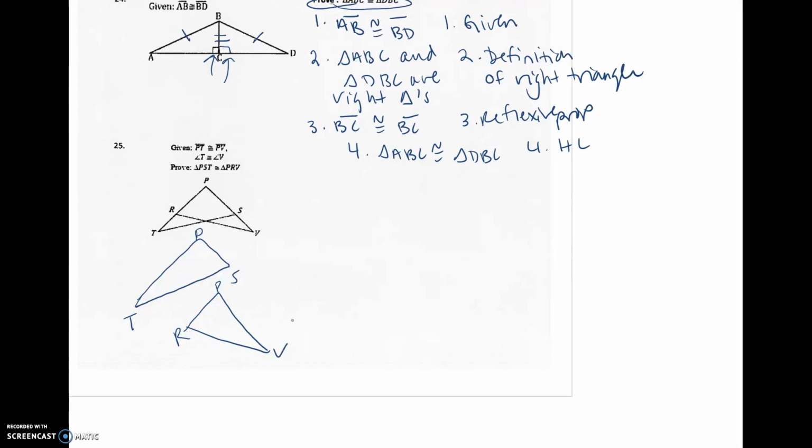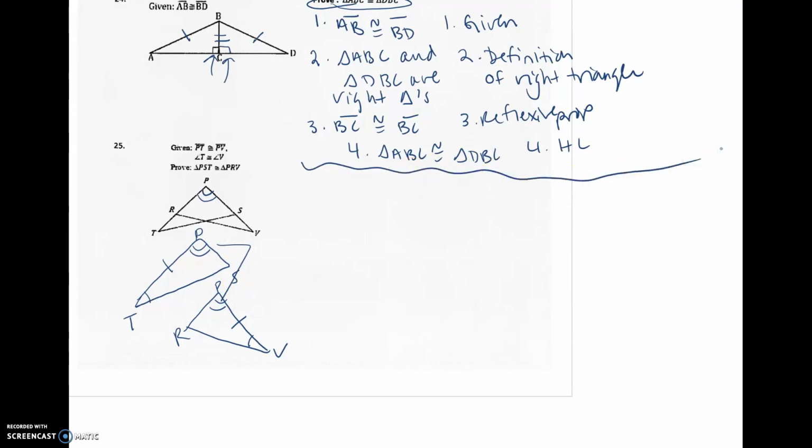We're given that PT is congruent to PV, and then we're also given that angle T is congruent to angle V. So I've got to think, what other thing do they have in common? Well, if I look, they both literally share the same angle P. And we said anytime that happens, that it's a shared side or angle, that's the reflexive property.